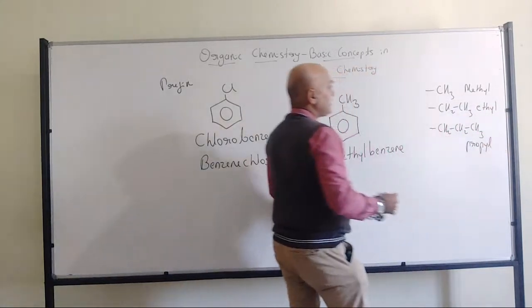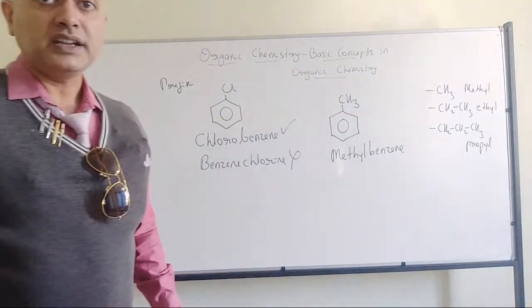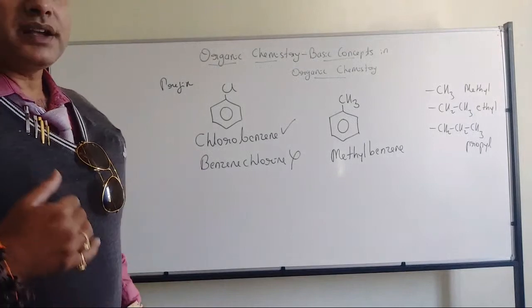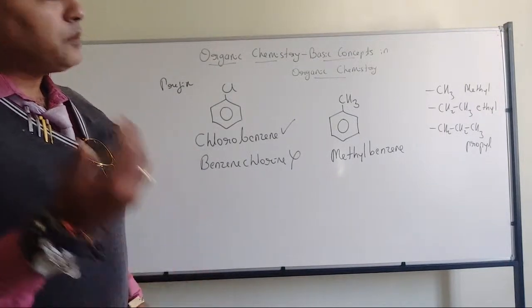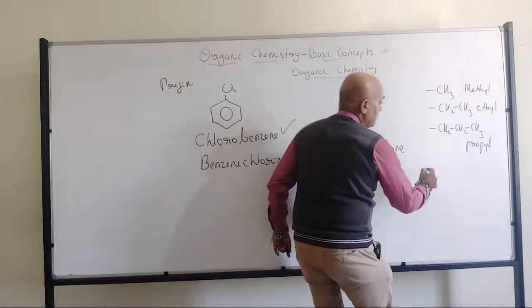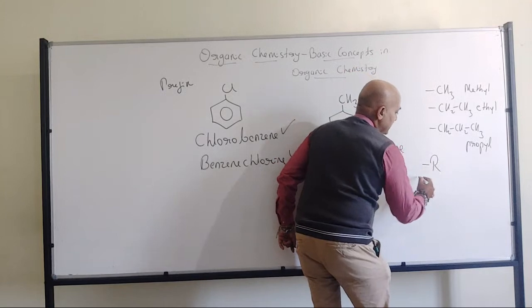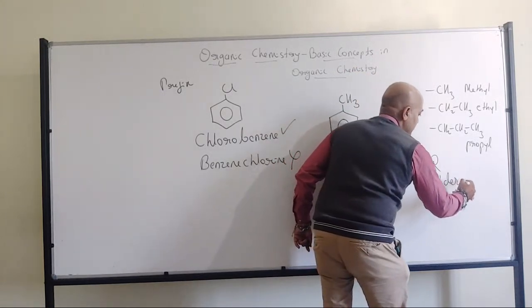So what I mean to tell here is, all these molecules are now acting as a substituent. Methane becomes methyl, ethane becomes ethyl, propane becomes propyl. So in general, we will call them alkyl derivatives.